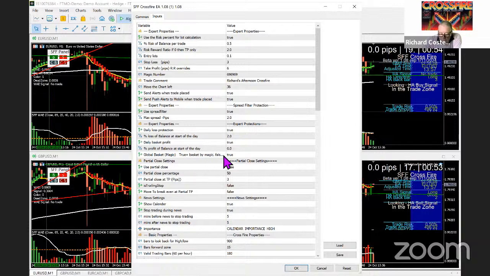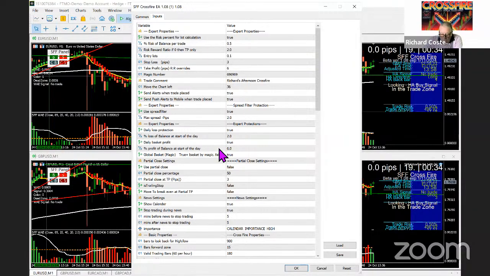Therefore my total loss, because I'm trading 4 pairs at 0.5% risk, is 2%. And when it reaches 2% loss, it will stop trading for that session.